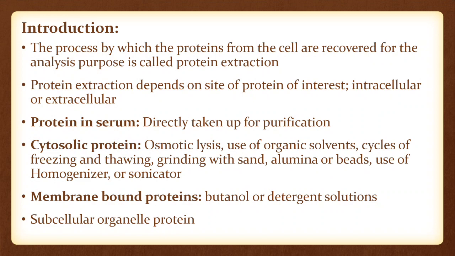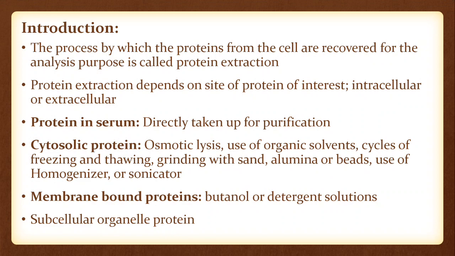Proteins may be intracellular or extracellular. Proteins in serum are extracellular, which are directly taken up for purification. Whereas for cytosolic proteins, we go for osmotic lysis, use of organic solvents, cycles of freezing and thawing, grinding with sand, alumina or beads, or use of homogenizers or sonicators.